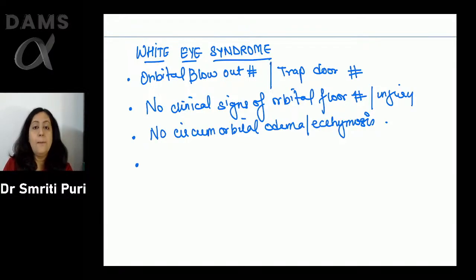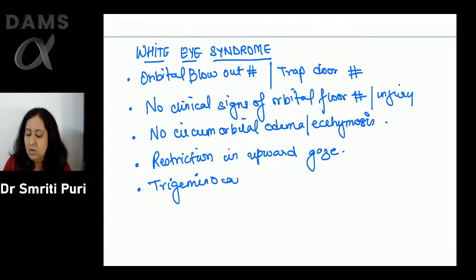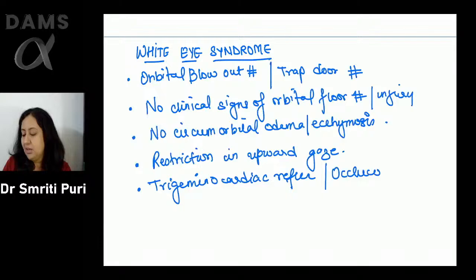Now, on examination, you can find out that patient has restriction in upward gaze. Right? Patient has restriction in upward gaze. And then patient can have a trigeminocardiac reflex, also known as the oculocardiac reflex.